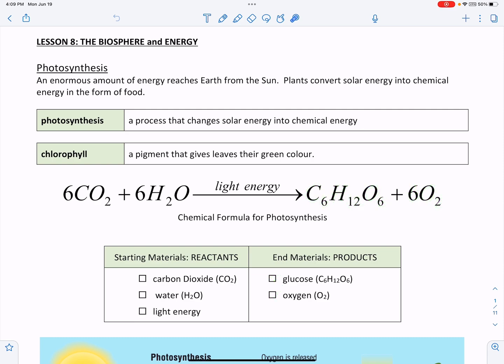There are numbers in front of some of the molecules involved in this chemical reaction. This shows how many molecules of each compound are required. For example, we need 6 carbon dioxides to react with 6 waters, and they will produce 1 glucose and 6 oxygen.